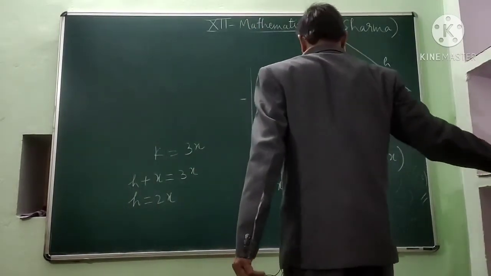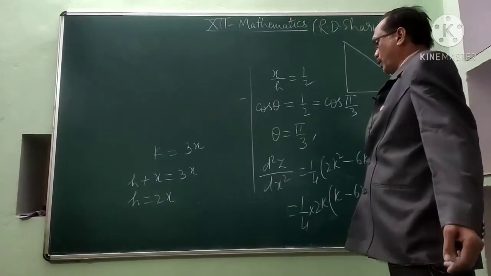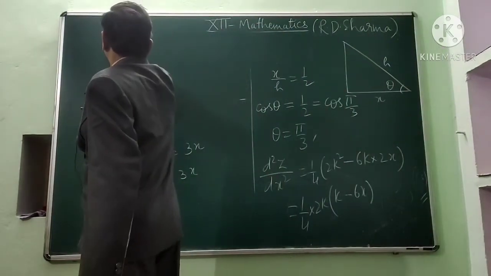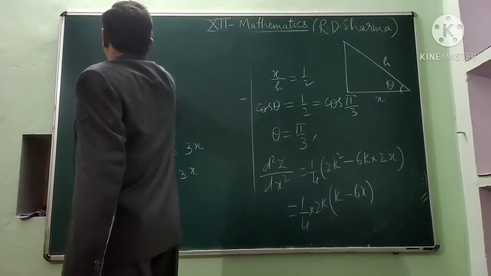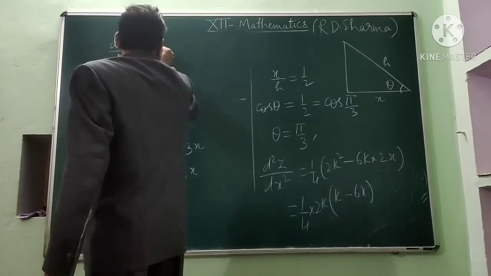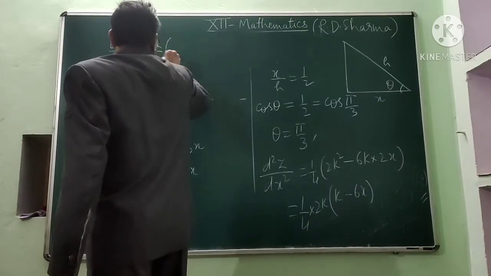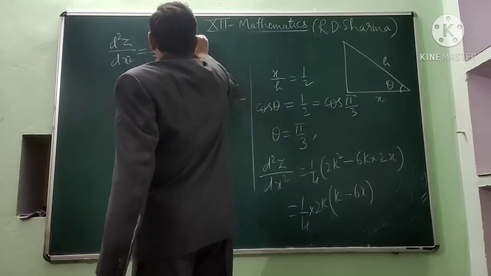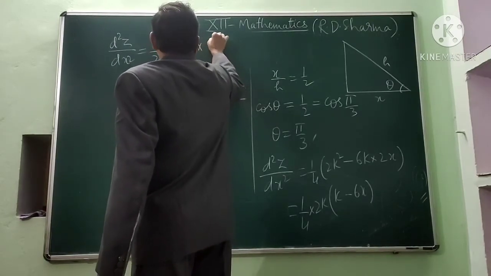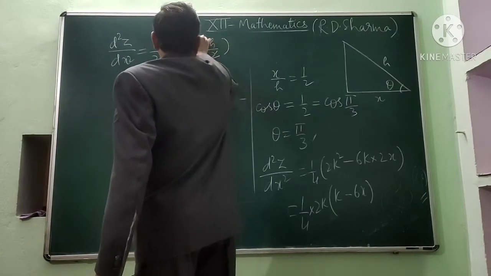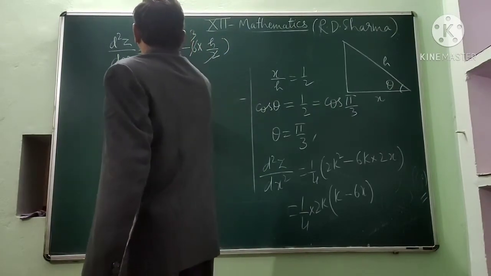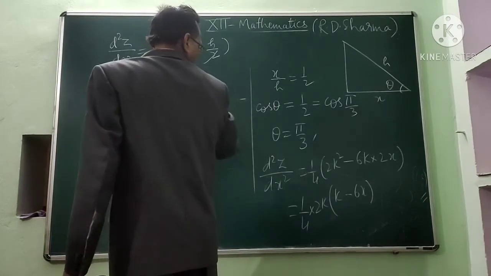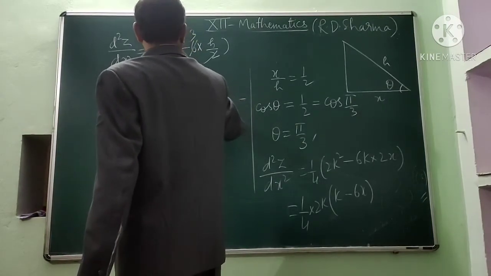Since x equal to h upon 2, d2z over dx square equal to k by 2 into k minus 3 into 6 into h upon 2. It is 3h. K by 2 into k minus 3h.